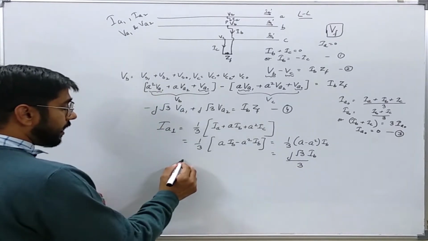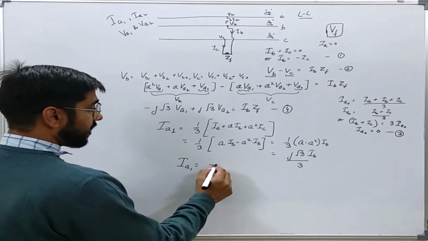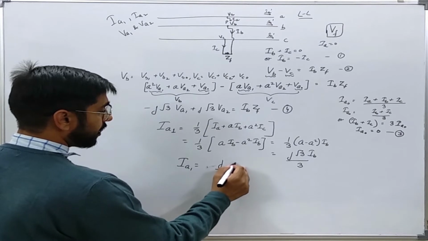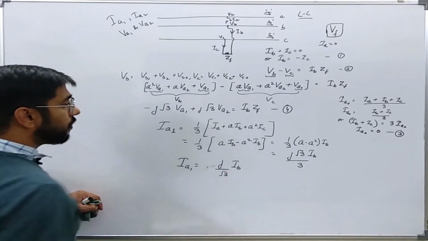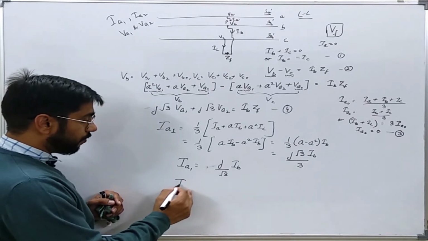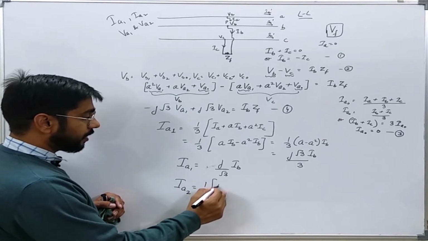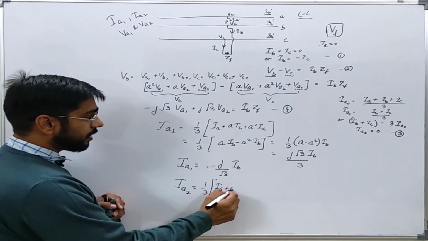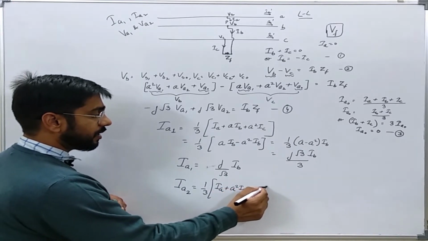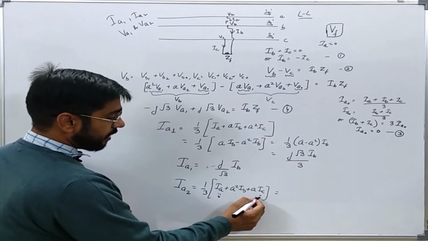So IA1 is equal to j by root 3 IB. Now let us see what is the value of IA2. It is 1 by 3 (IA plus A square IB plus A IC), where IA is equal to 0 and IC is equal to minus IB.